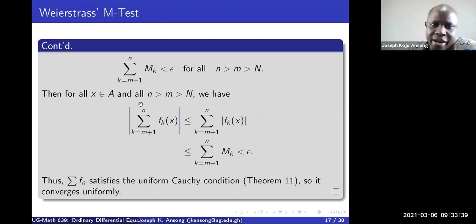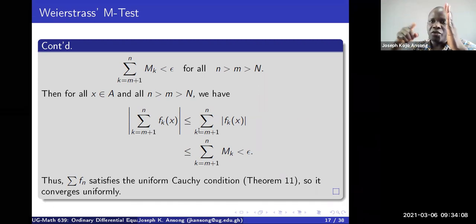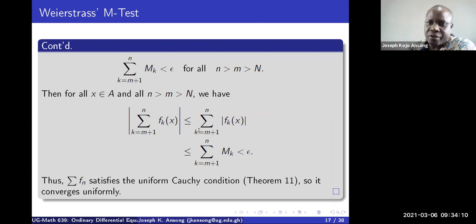Then for all x in A and all n greater than N, we have the absolute value of the partial sum of fk of x is less than or equal to the sum of the absolute values. I move the absolute signs onto the functions. You've seen this with the integral as well: the absolute value of the integral is less than or equal to the integral of the absolute value of the functions.